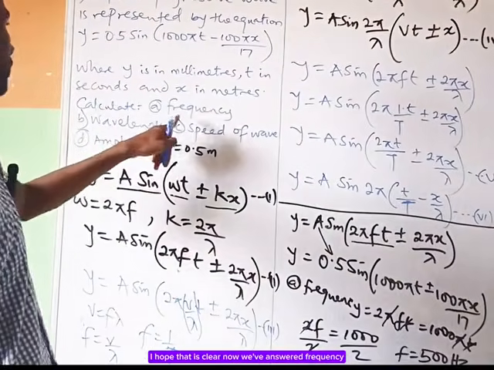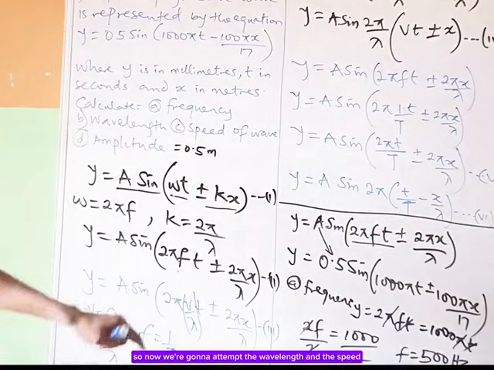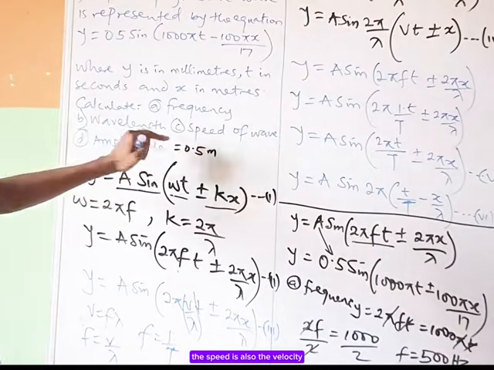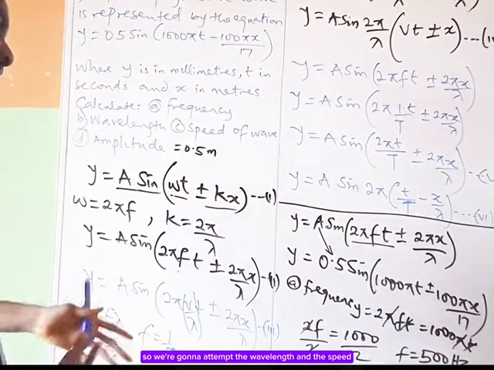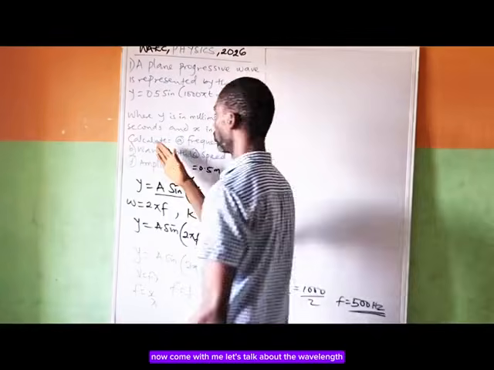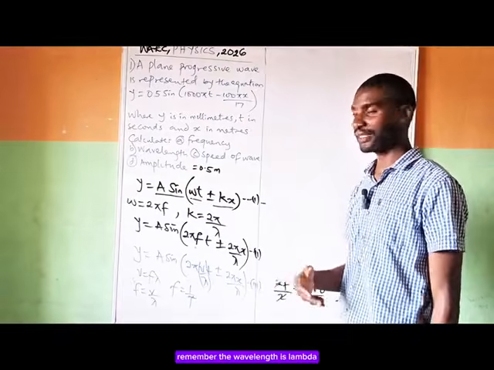Now we've answered frequency. So now we're going to attempt the wavelength and the speed. The speed is also the velocity. Let's talk about the wavelength first. Remember, the wavelength is lambda.